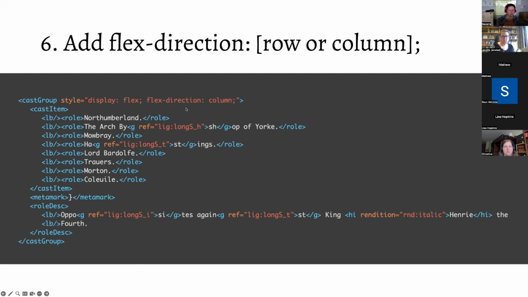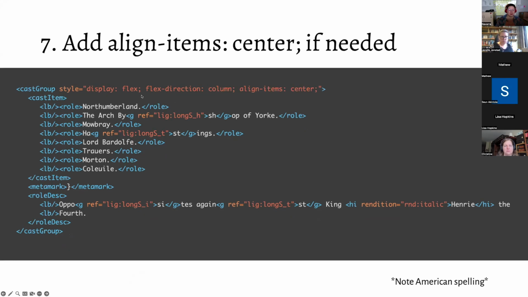We have row, which aligns things vertically, and we have column, which aligns things horizontally. If whatever you choose here doesn't work, try the other one and see what happens. This is a place where it's good to experiment and kind of figure it out through trial, which of course you can do in the browser using the same inspector that we just tried out.